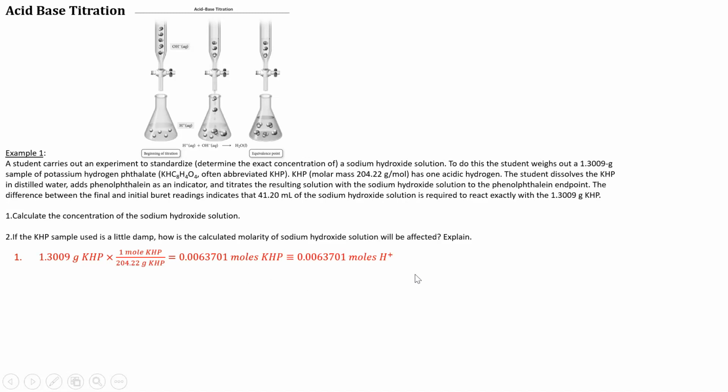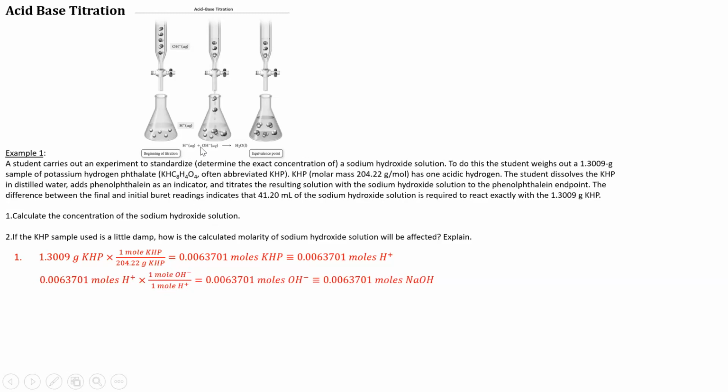Now that I know how many moles of H plus, we need to make sure that we convert to moles of OH minus. Now this is a 1-to-1 ratio, so it ends up being equal, but you still have to mention that in your answer, either in words or in a calculation. I did it in a calculation. I've got the moles of H plus times 1 mole of OH minus over 1 mole of H plus.